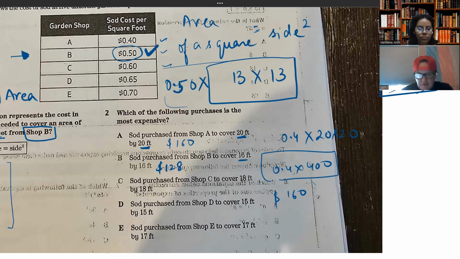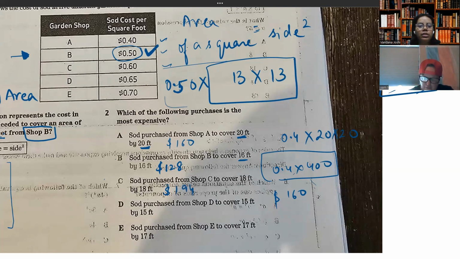So that's 18 by 18. 194. Is that correct? Yes, 194.